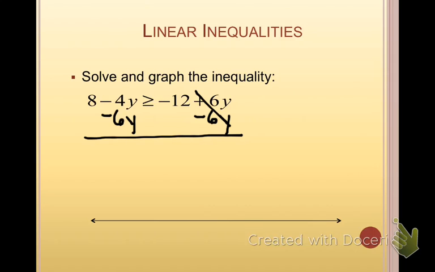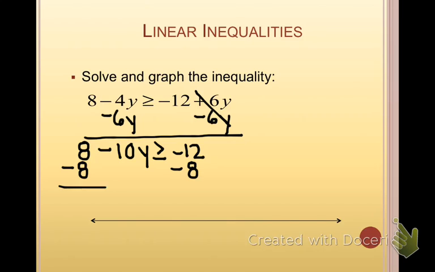It cancels out on the right. I end up with 8 minus 10y is greater than or equal to -12. I now need to bring my 8 over to my -12, so I'm going to subtract it. That gives me -10y is greater than or equal to -20.